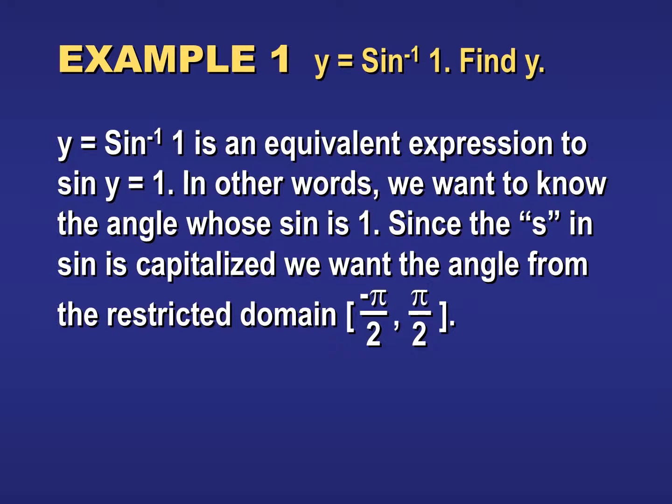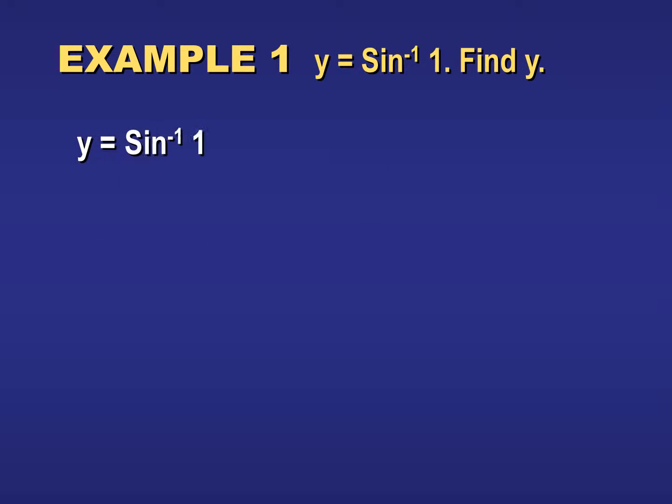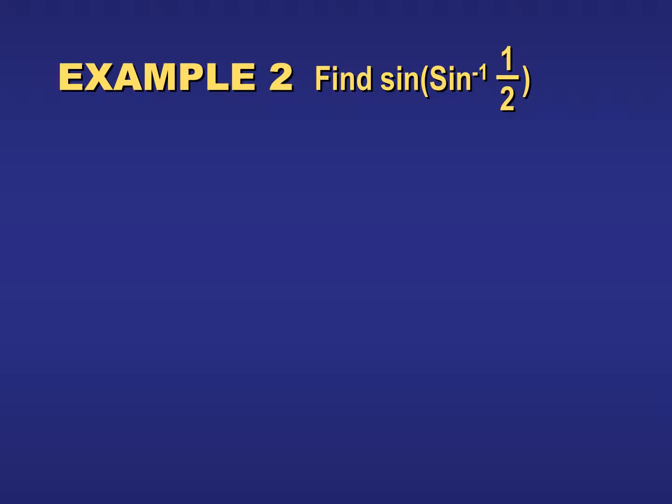So what angle between negative pi over 2 and pi over 2, if we take the sine of it, ends up with the answer 1? Well, if we take sine of pi over 2, that's 1, because remember, pi over 2 is 90, and sine of 90 is 1. So y is pi over 2.